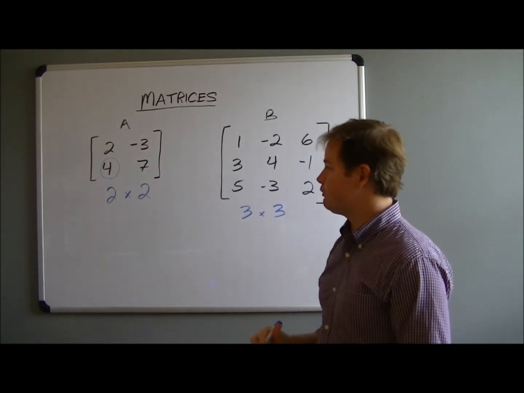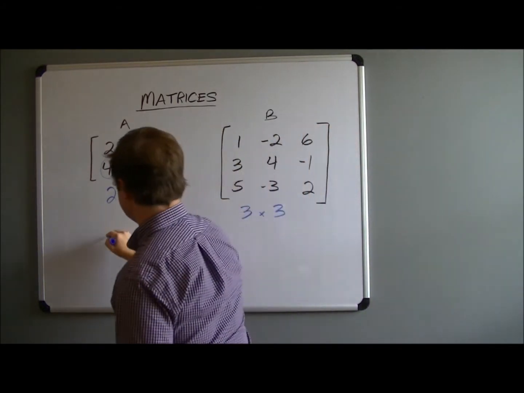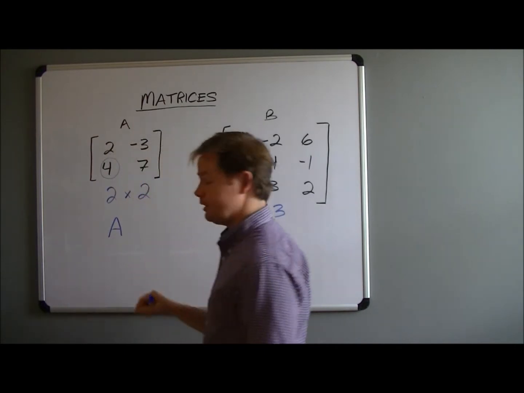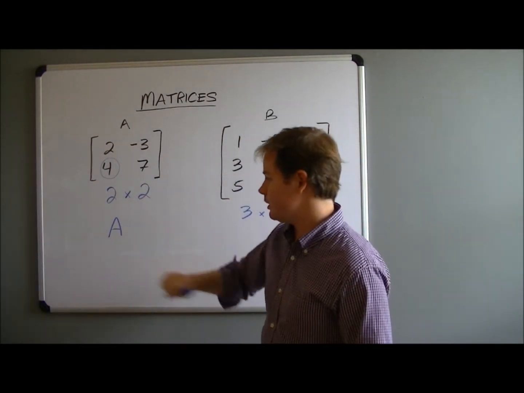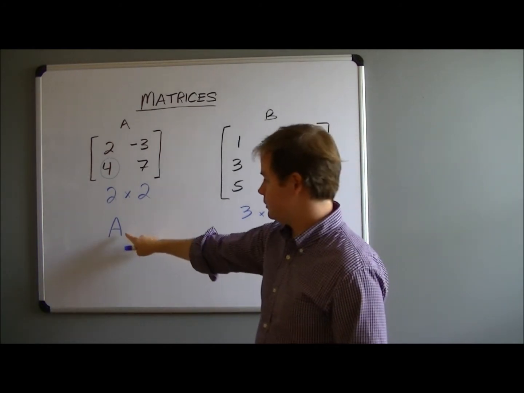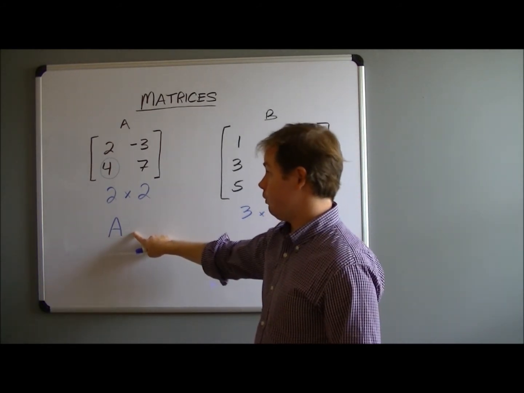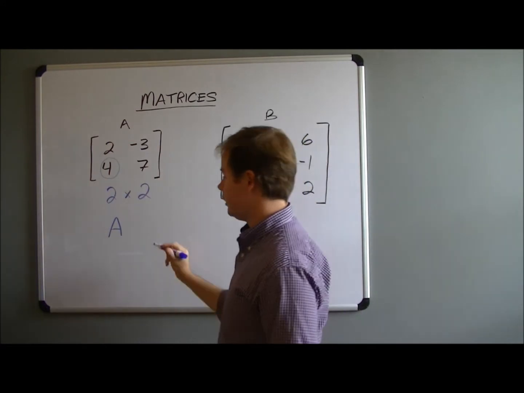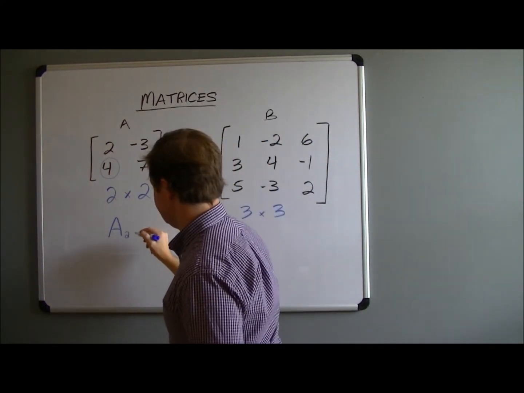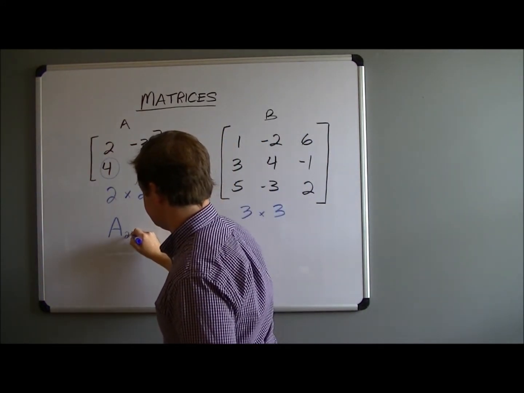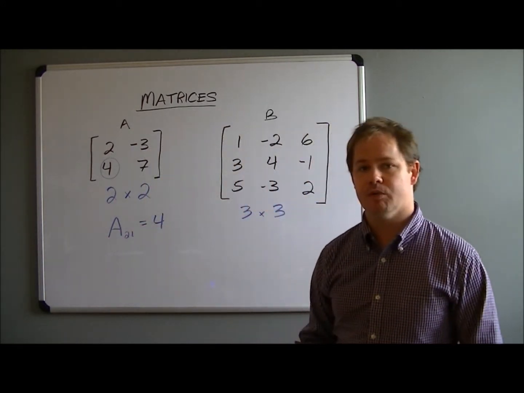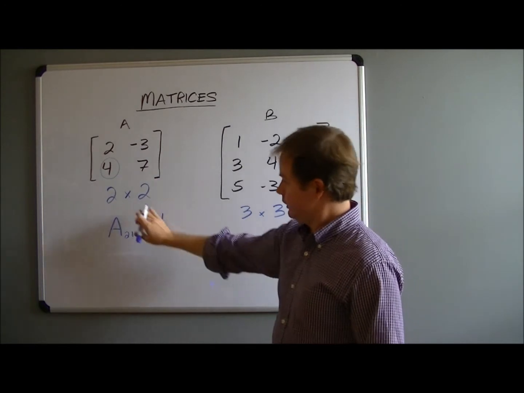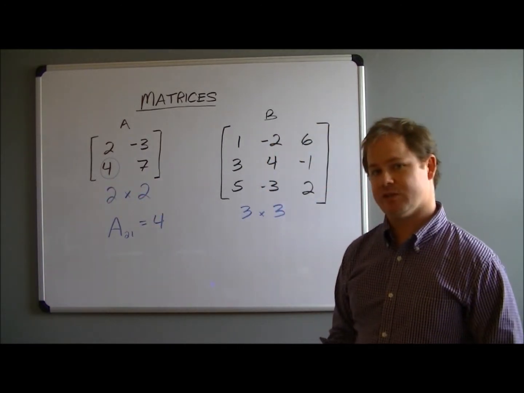So the way we would refer to that is we would write matrix A, and then we're going to use subscripts. Those are those small numbers that are written towards the bottom of your line. It would say 2 and 1 for row 2 and column 1. So this term would be A subscript 2, 1, and that would equal 4, because that's the term that's located at that point in that matrix.